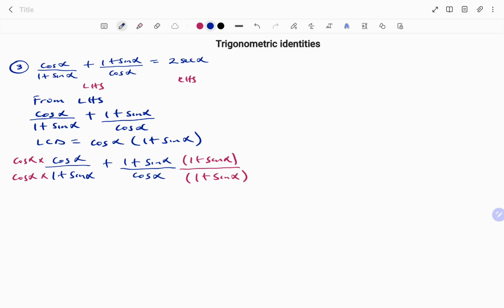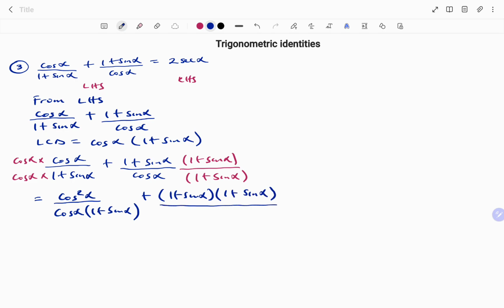That will give us, on our left term, cos squared alpha over cos alpha, 1 plus sine alpha, plus 1 plus sine alpha multiplying 1 plus sine alpha, all over cos alpha, 1 plus sine alpha.